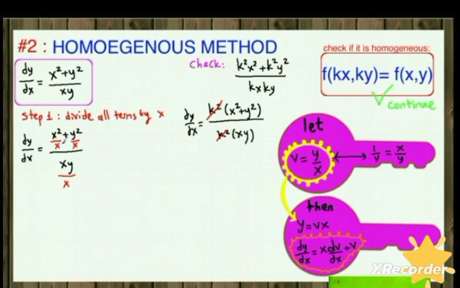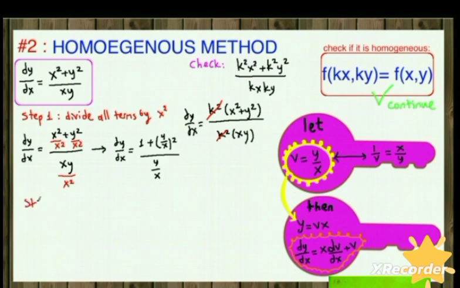Actually, we're going to divide here by x squared because our highest power of x is x squared. If we had only x, then we would divide by x. Since we have x squared as the highest power of x, we divide here by x squared. So what we're going to get is dy dx equals x squared divided by x squared is 1, plus y squared over x squared, over, you can write it in this form, y over x.